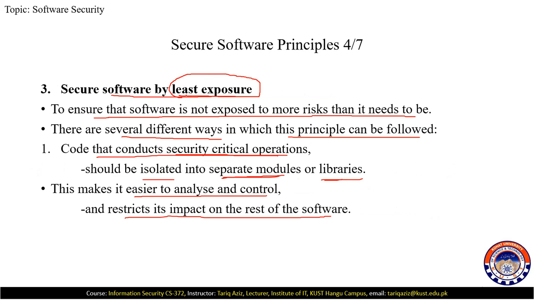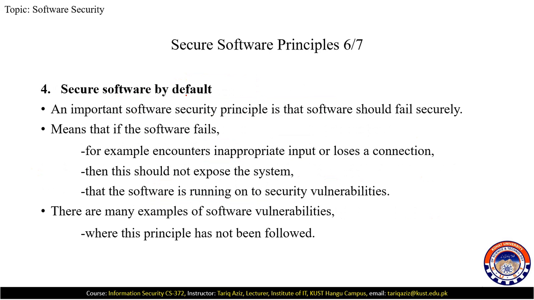Okay. Now, dear students, the fourth rule is secure software by default. What does it mean? This is an important security principle, and it says that software should fail securely. Now, what does it mean? It means that if the software fails, for example encounters inappropriate input or loses a connection, it should fail securely.